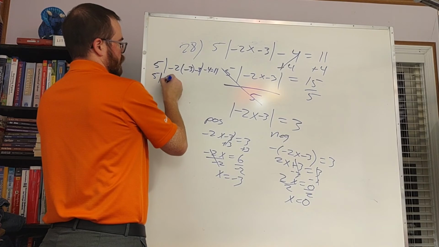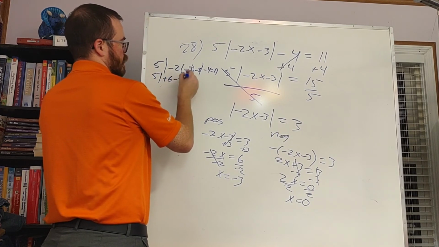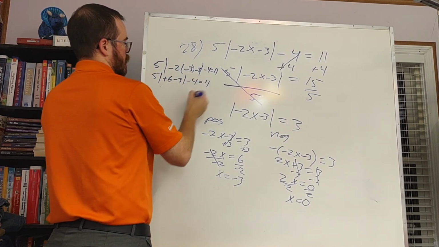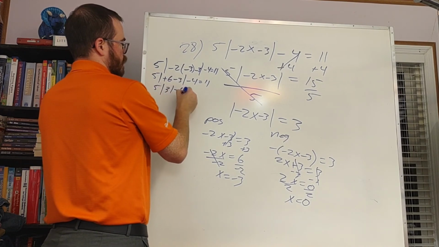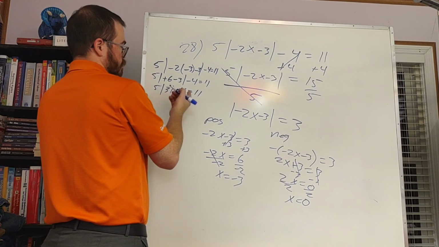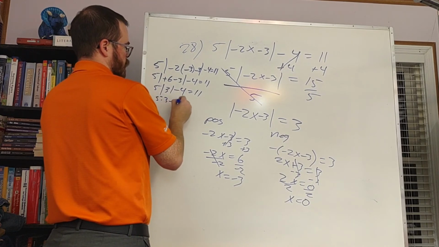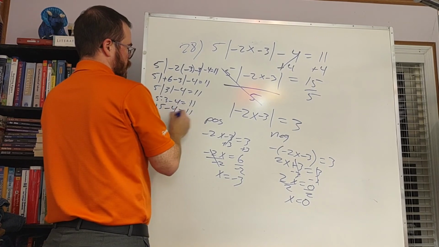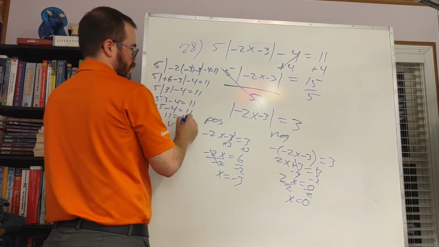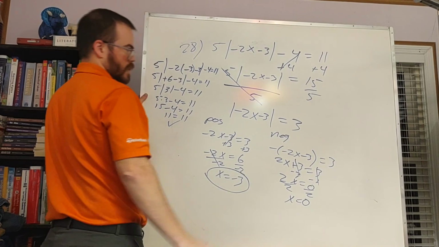So that's a positive 6 minus 3. So 6 minus 3 is 3. Absolute value of 3 is 3. 15 minus 4, 11 equals 11. So we're like, yeah, that worked out. So this one is a solution.